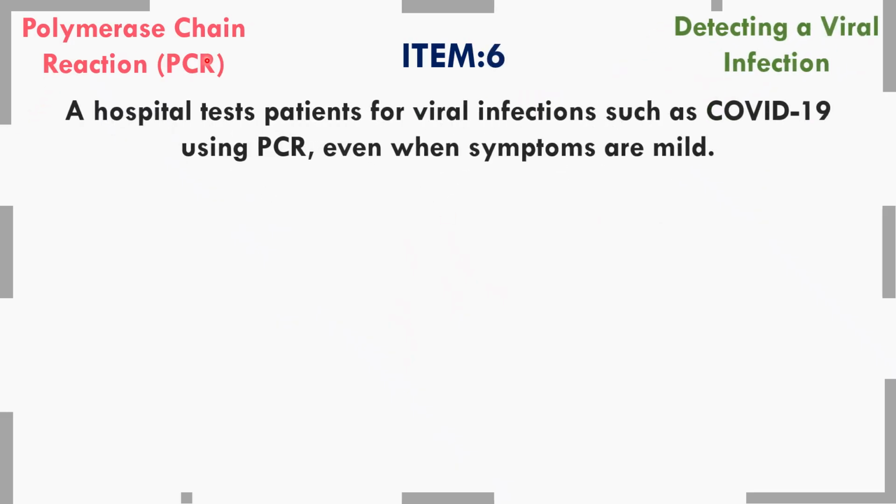Still under polymerase chain reaction, we are going to look at detecting a viral infection. Item 6. A hospital tests a patient for a viral infection such as COVID-19 using PCR, even when symptoms are mild.